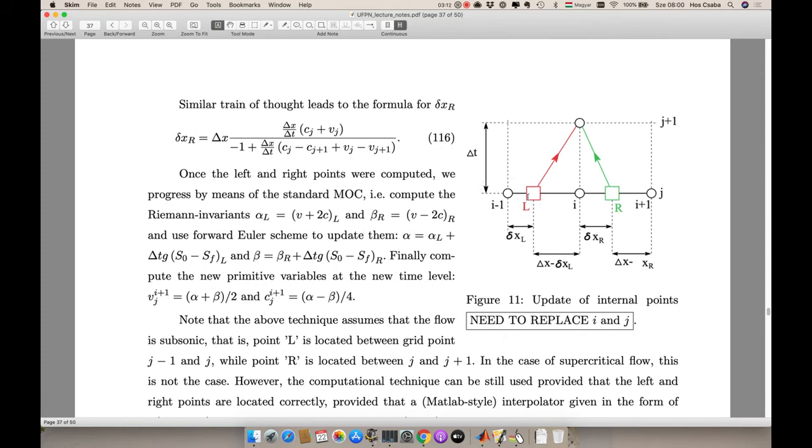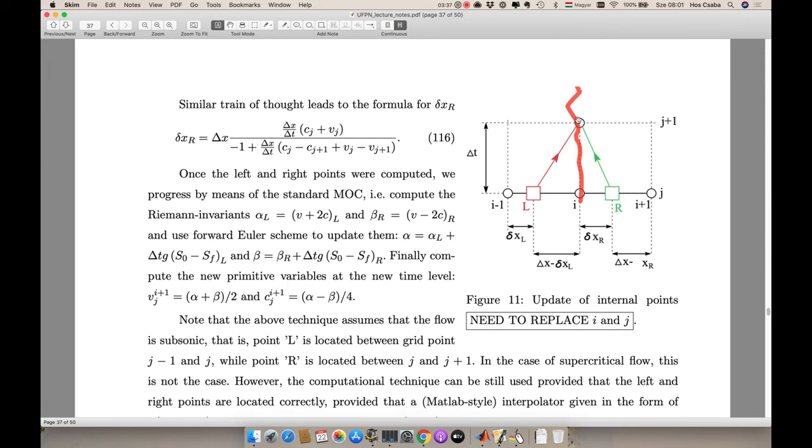Now let's not forget that this will be very similar to the previous characteristic case, because what happens is that if this is your boundary, say, the right boundary, then you have only a left characteristic line entering, and if this is the other boundary, the left boundary, then you have only one characteristic line.